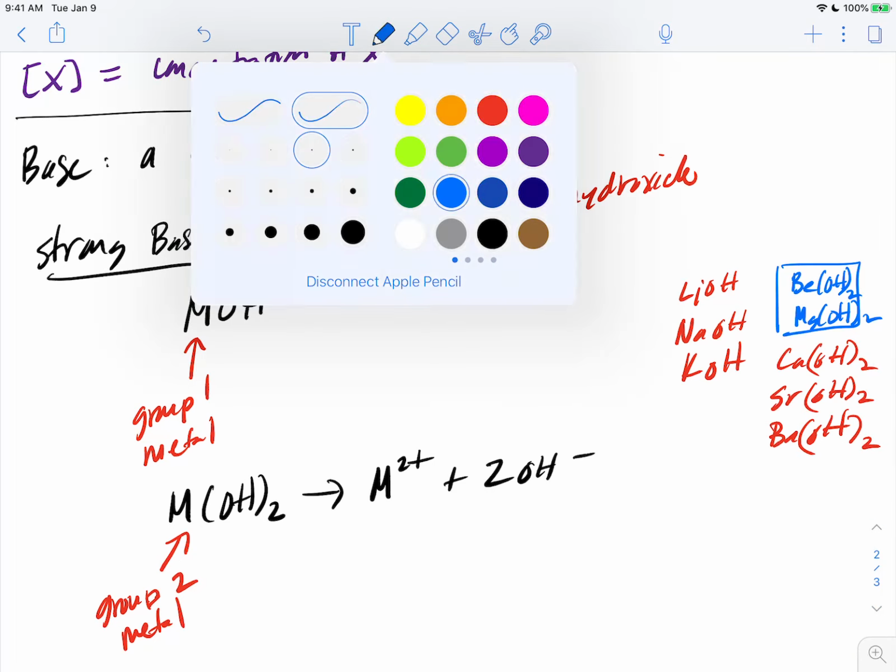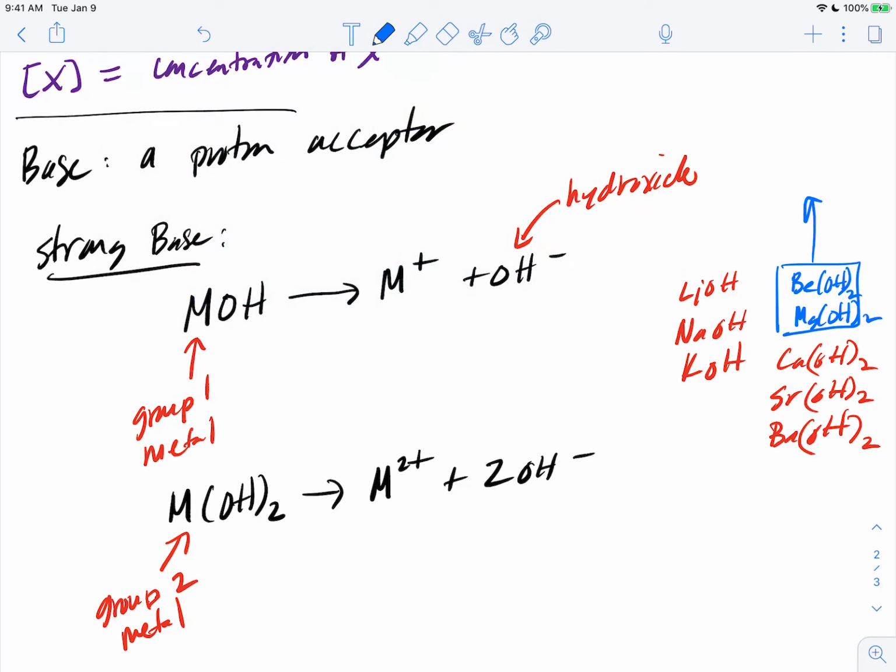Now, what's in blue, these are weak bases. And the reason why they are weak is because they have too strong of interactions between the beryllium and the hydroxides that when you put them into water, they actually much rather stay as an ionic compound because their ionic interactions are so strong. And so they do not dissociate completely as the other strong bases do.